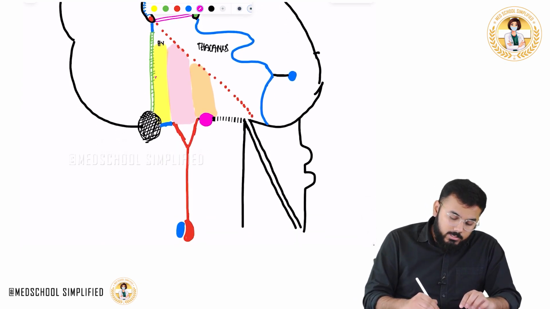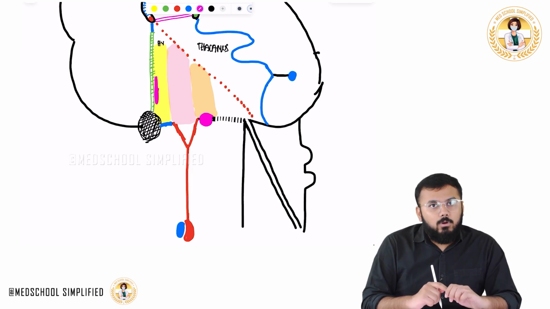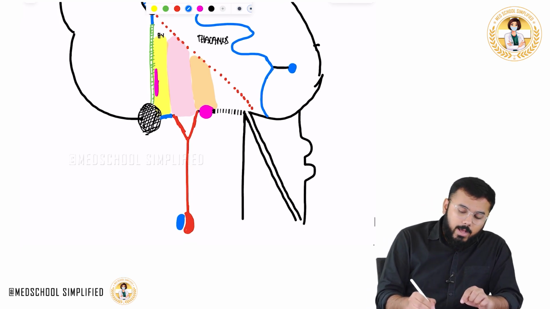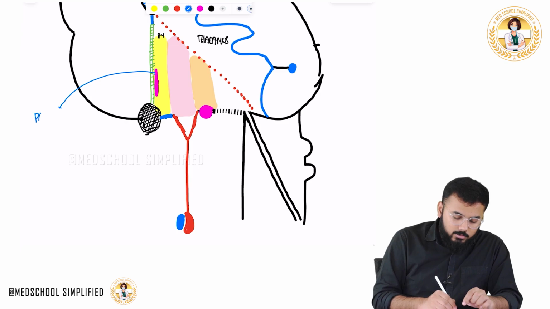So the first nucleus that is located all the way here, this particular nucleus over here is called as your paraventricular nucleus.